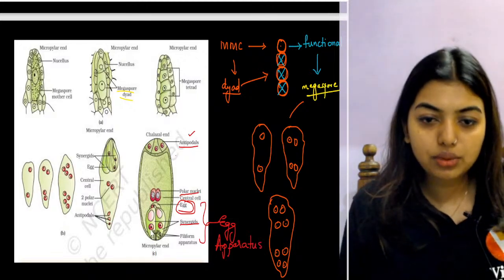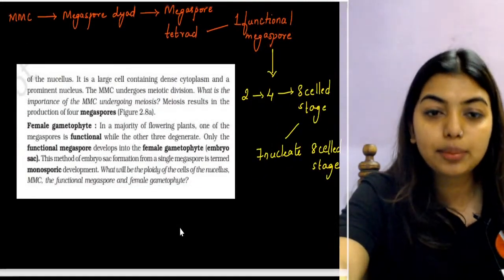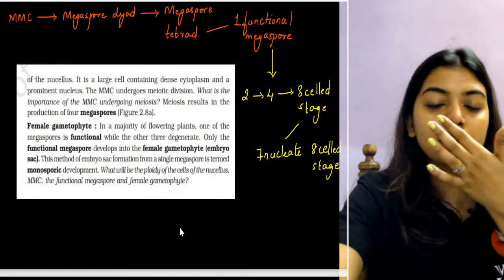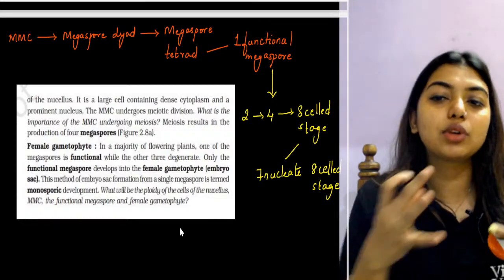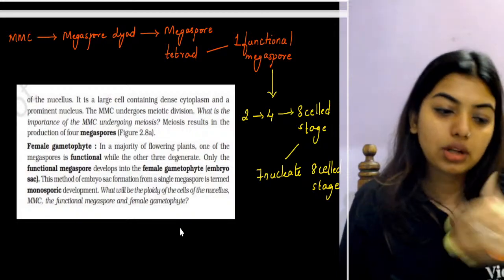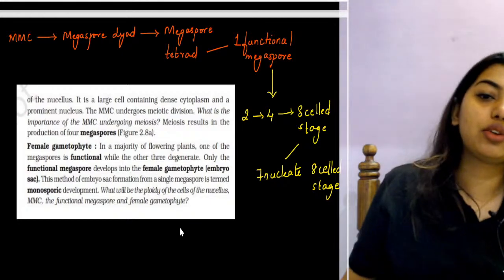Now here you will see the filiform apparatus. The filiform apparatus is the one that helps the pollen grain, telling it, hey, come inside. The pollen grain comes inside because the filiform apparatus shows the way for it to enter. Is this clear?